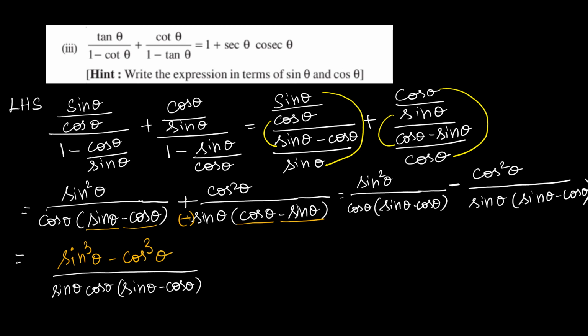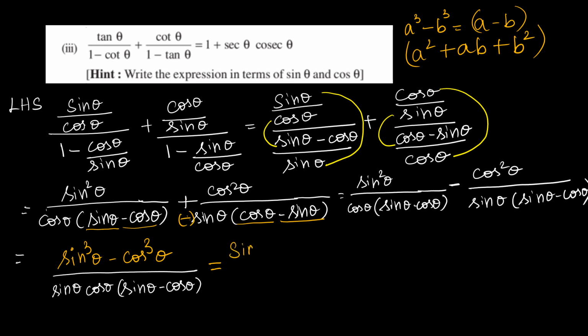And this is of the form a cube minus b cube. What is a cube minus b cube? A minus b into a square plus ab plus b square, right? This is the formula that I am going to apply over here. So what I will get?